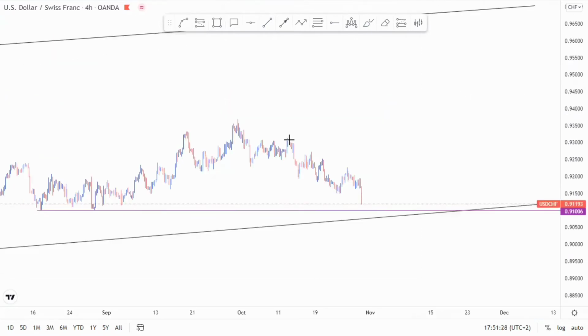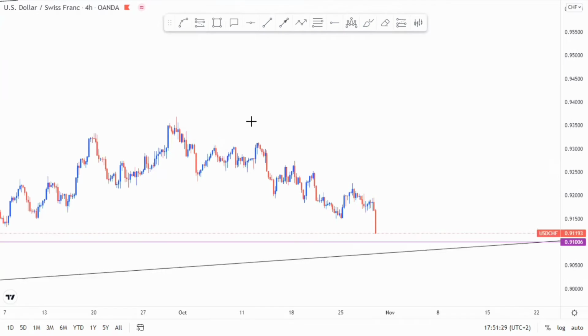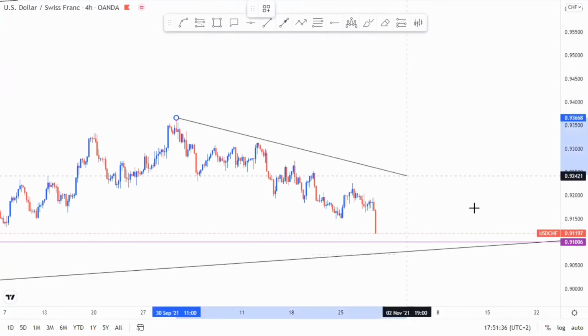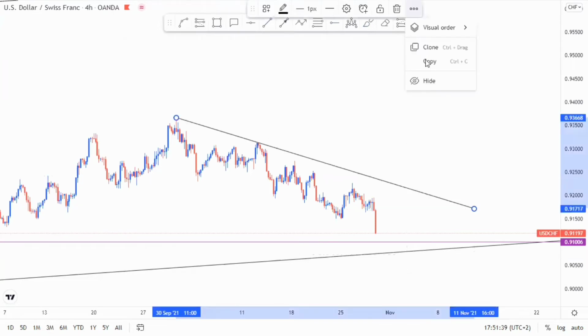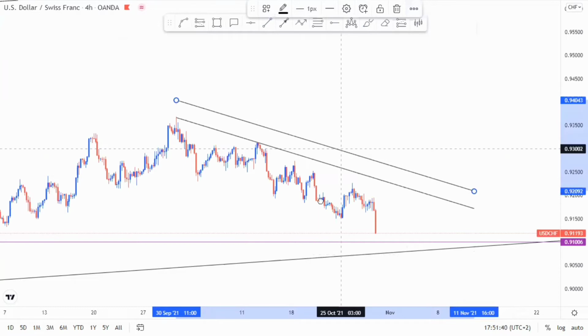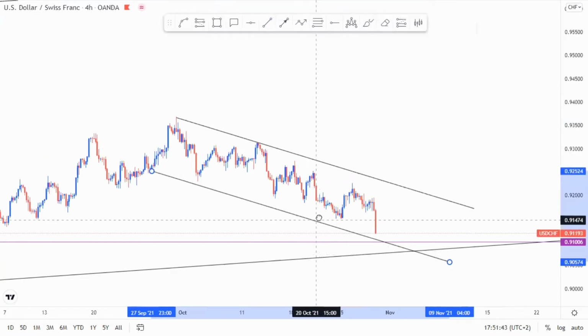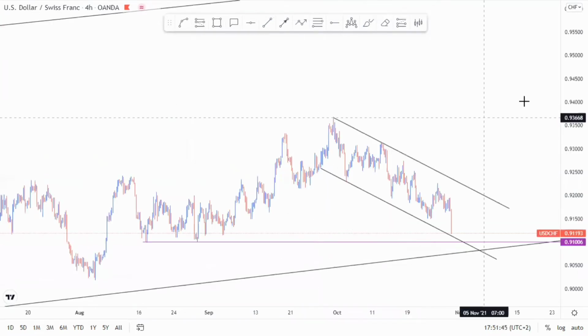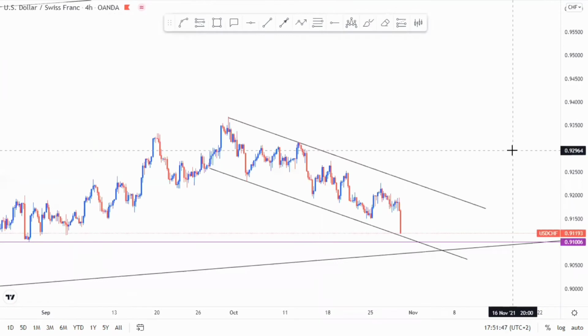You can see that price is moving correctively towards the trend line, so that indicates a possible reversal. Let me just connect the dots and clone. Okay, just clone it for now.